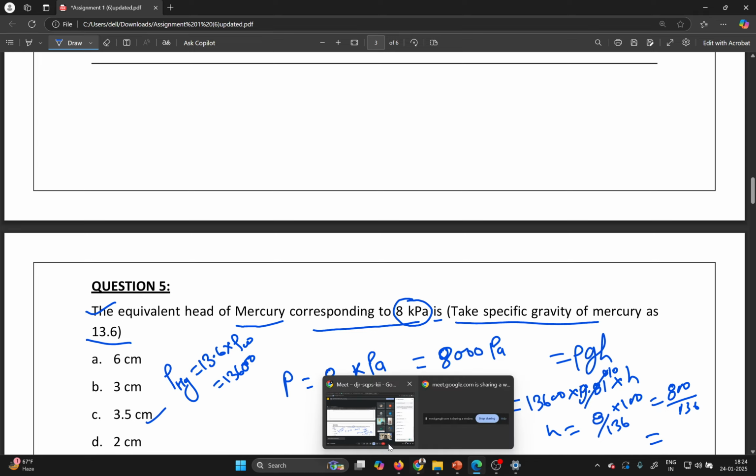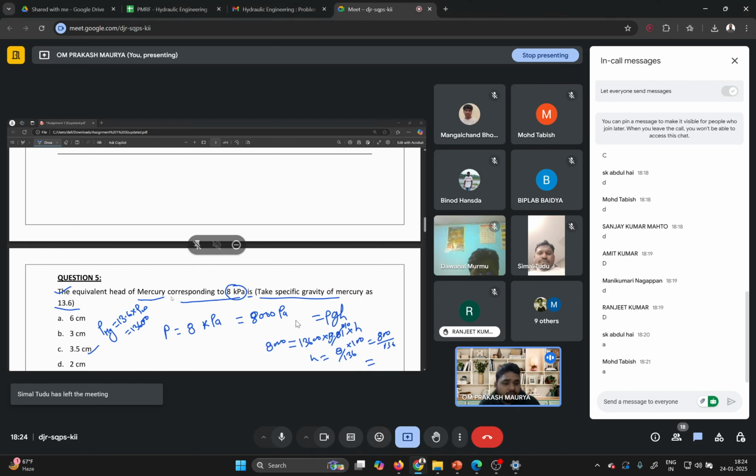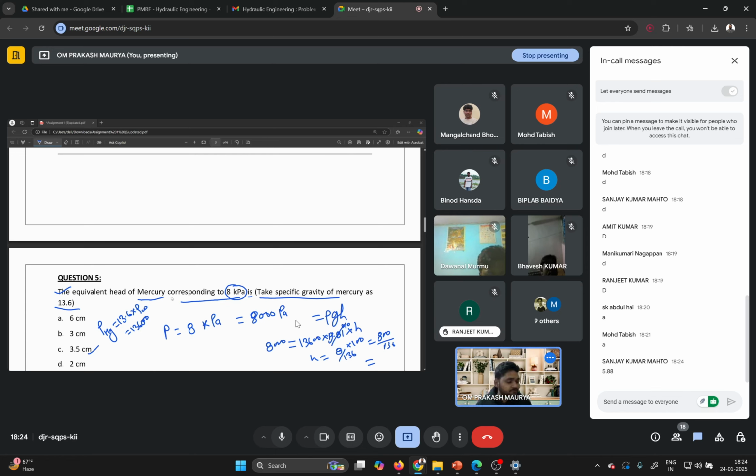Please write your answer in the chat box. When you divide 800 by 136, how much? Please at least everyone just divide 800 by 136. How much is it? Let me just divide.